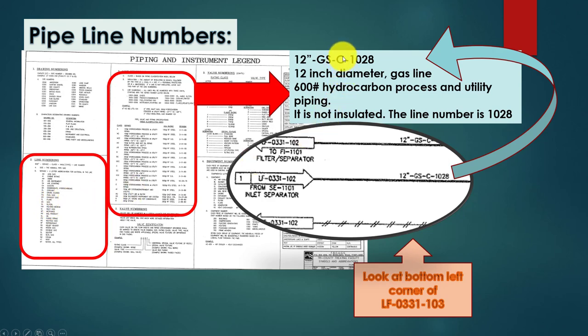C is the classification, and the classification is listed on the second column down here, and this one is C, so class C is right here, and this one says 600 hydrocarbon process and utility piping. The next section of the line numbering is insulation, but this one doesn't have that, so this is not insulated. And then the line number is the last number that you see here. So that's the number that has been assigned to the line itself.